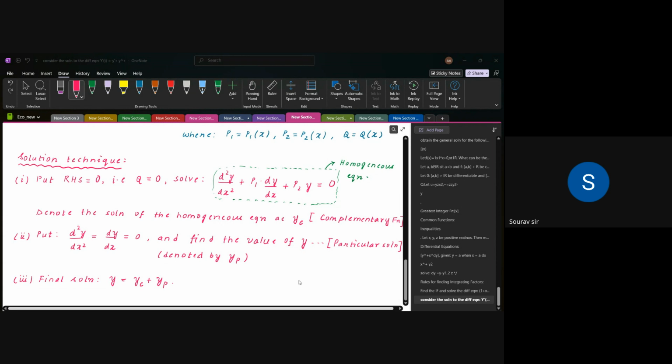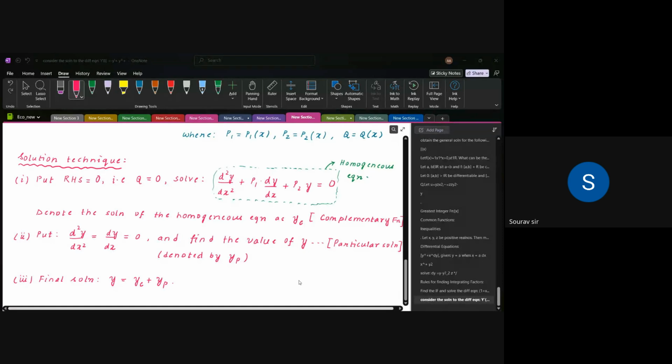First, you put your RHS as 0 and solve the homogeneous equation; the solution is the complementary function yc. Step number 2, you put all the derivatives to 0 and find the value of y, which is the particular solution denoted by yp. Then the final solution will be y equals to yc plus yp.